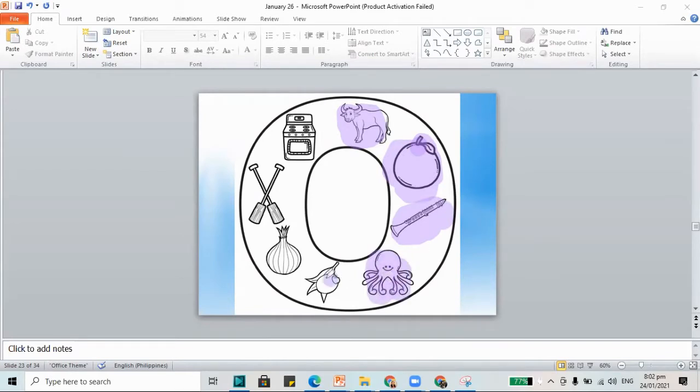O, octopus. O is for the olive. O, olive. O is for the onion. O, onion. O is for the or. O, or. And O is for the oven. O, oven. Those are the things that have the O sound or the ones that begin with the letter O.